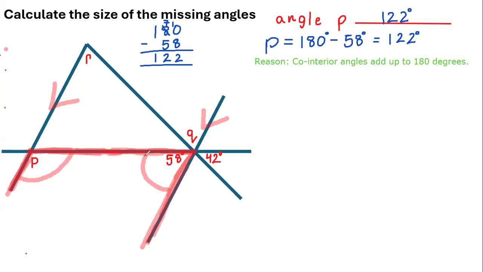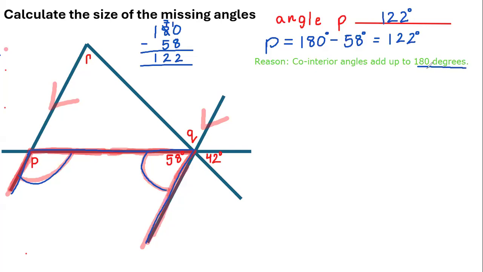Okay. So basically the idea is that this forms a C shape, or you could look at it as a U shape, a backward U, or upside down U. Once we have this shape, these two angles right here must add up to 180 degrees.